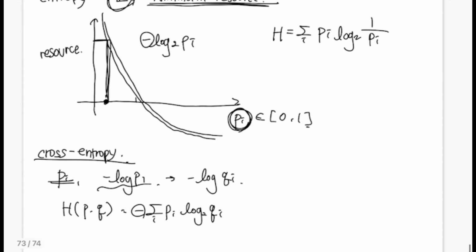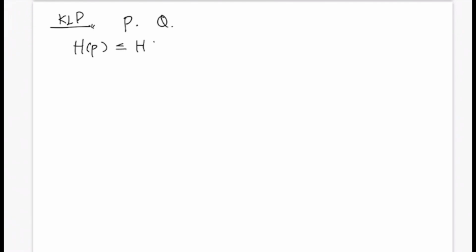Then finally, what is KL divergence? If we have a probability distribution P, and we have the approximation distribution Q, we evaluate how the entropy and cross entropy are different. Of course, entropy H(P) is smaller than or equal to H(P, Q), since Q is just the approximation.